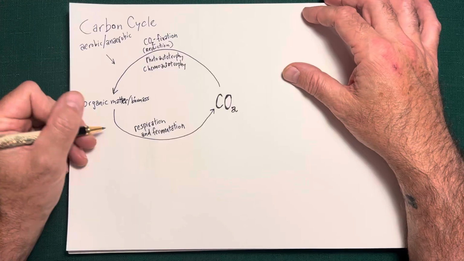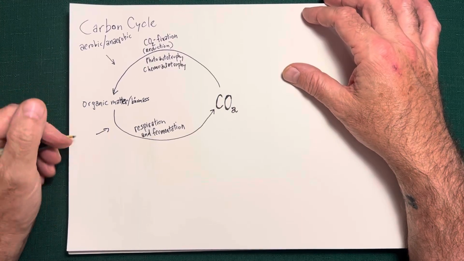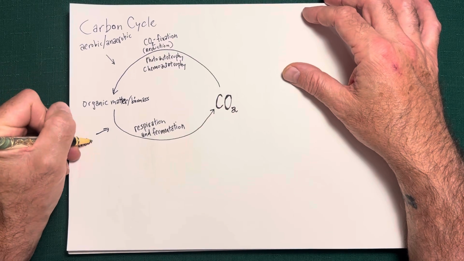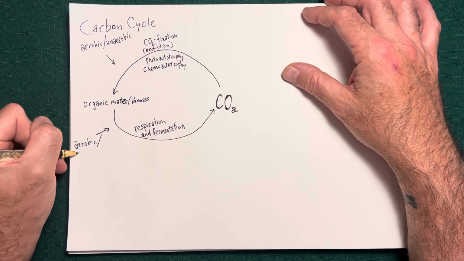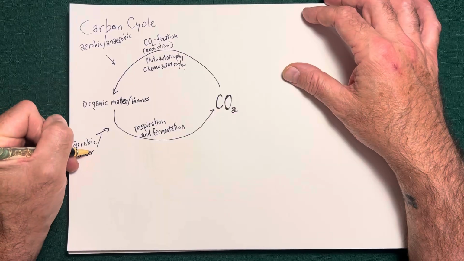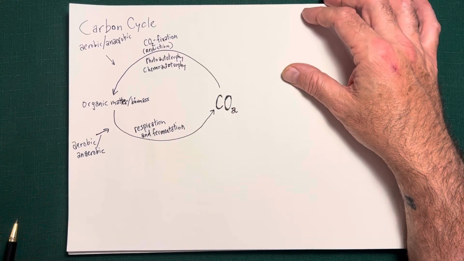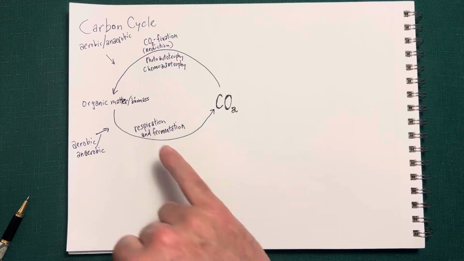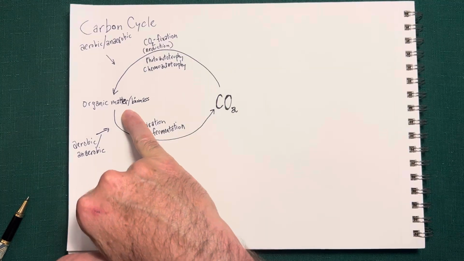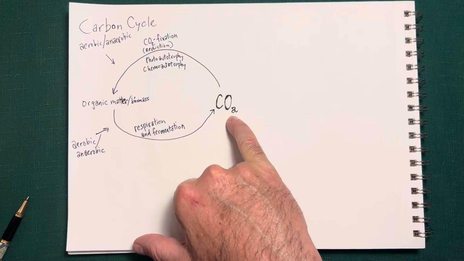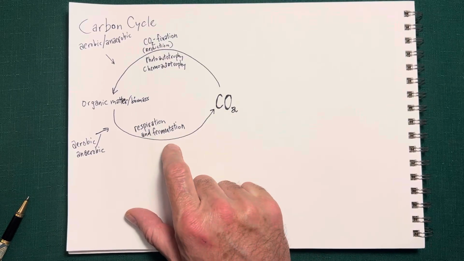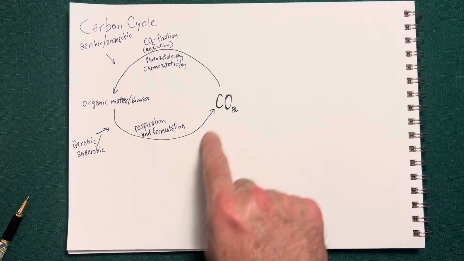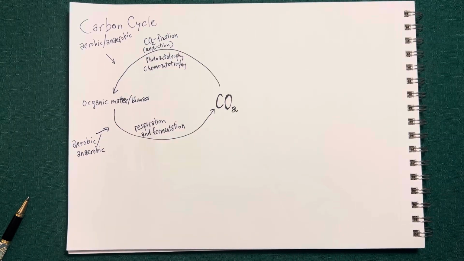And these processes of respiration and fermentation can also happen aerobically, or they can be anaerobic. We, as multicellular eukaryotes, perform aerobic respiration, where we convert organic matter like glucose into carbon dioxide. But we know that there are other anaerobic organisms, like yeast, for example, that are eukaryotes that can ferment glucose into carbon dioxide and other metabolites.